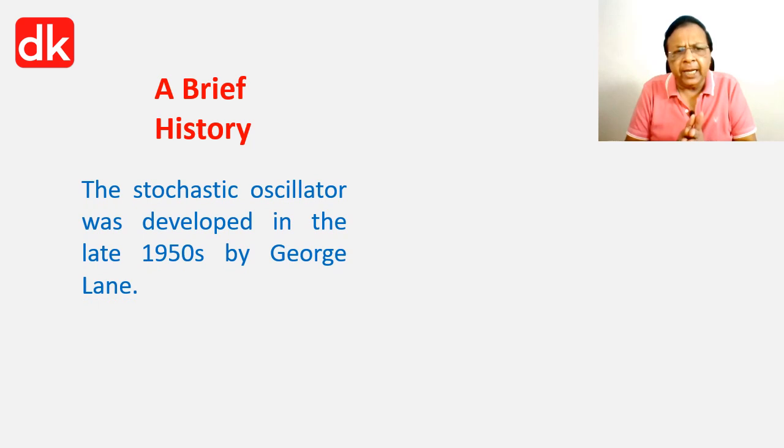The stochastic indicator or oscillator was developed in the 1950s by George Lane. So it's a pretty old indicator, having nearly completed 70 years since its invention, and it is quite popular among the various momentum indicators that we use in day-to-day technical analysis of the financial market.